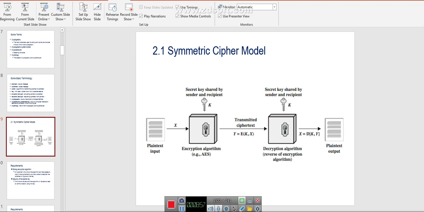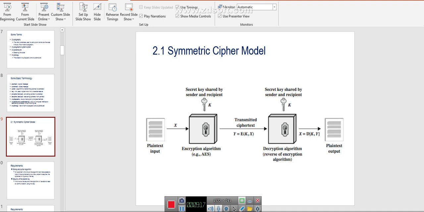When we want to decipher the ciphertext, we also make use of a decryption algorithm, or a reverse of the encryption algorithm, through the secret key that has been shared by the sender and the receiver.